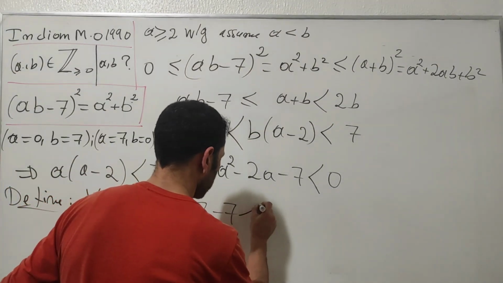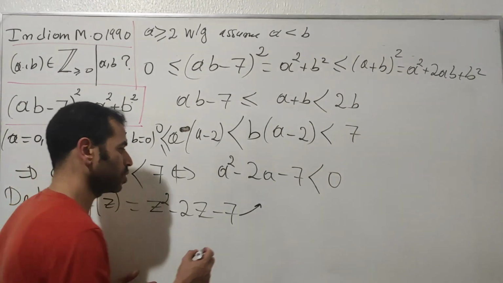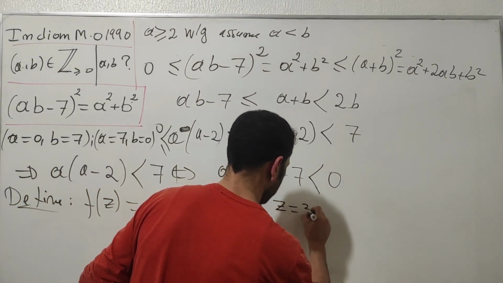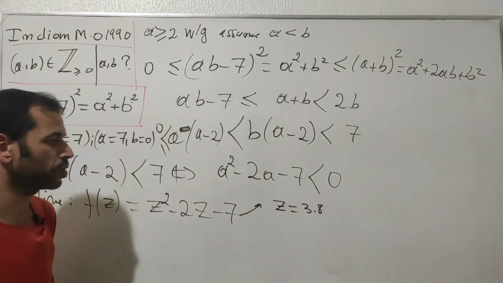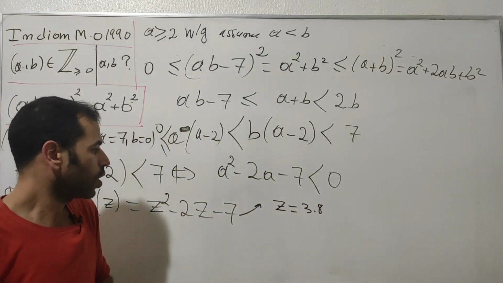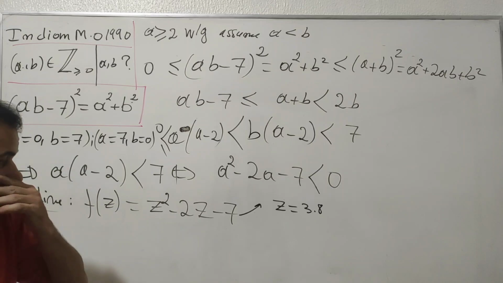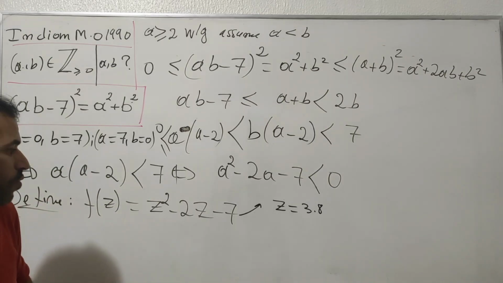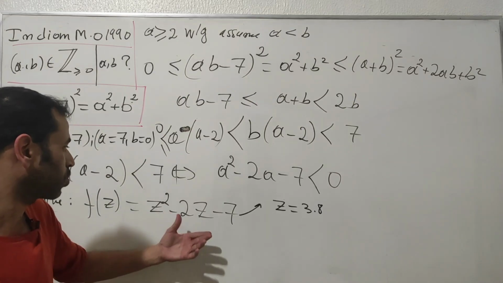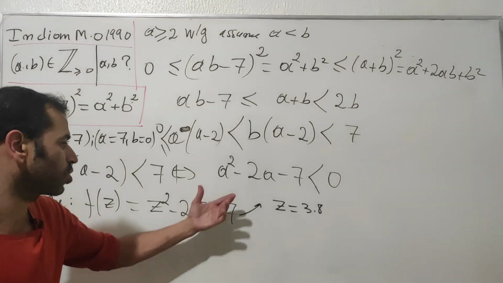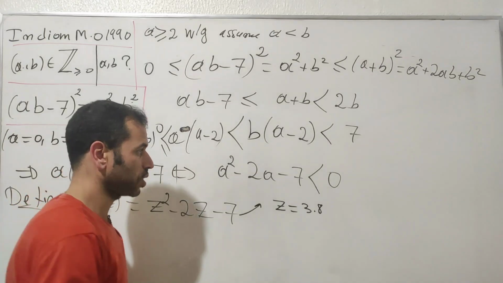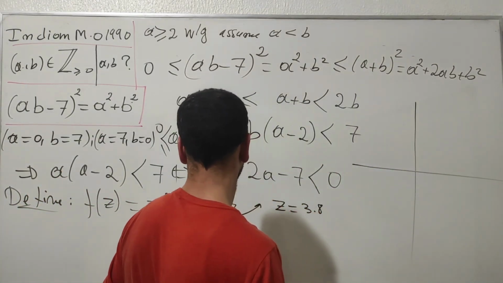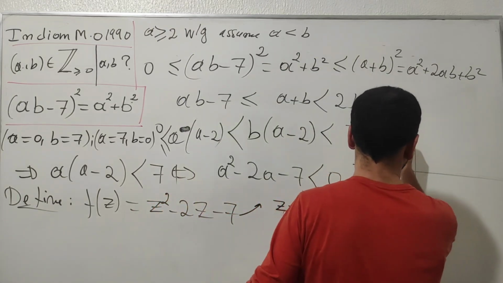When we calculate, we end with z approximately 3.8. Now I'm going to put this into a graph in order to determine the region of the solution for this function, where the function crosses the horizontal axis. Let's take the general picture of this one. The general picture will be like this.